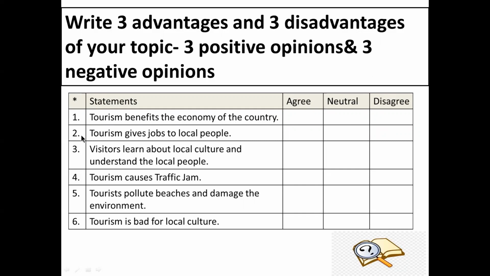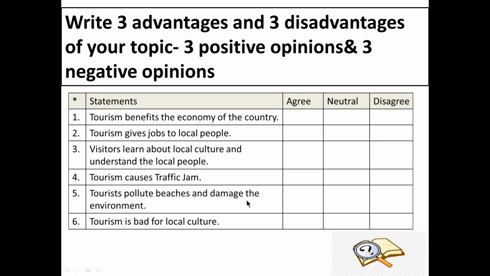Look at number 2. Tourism gives jobs to local people. Advantage, yeah? 3, visitors learn about local culture and understand the local people. That's an advantage. So we've got 3 advantages, yeah? Go to number 4. Tourism causes traffic jam. It's a disadvantage of tourism.